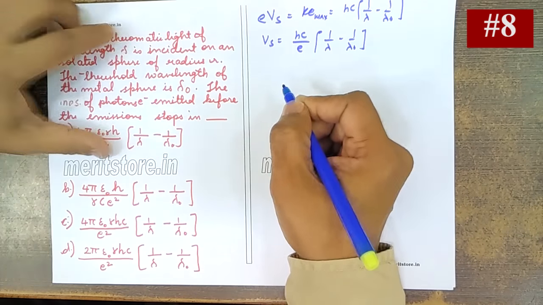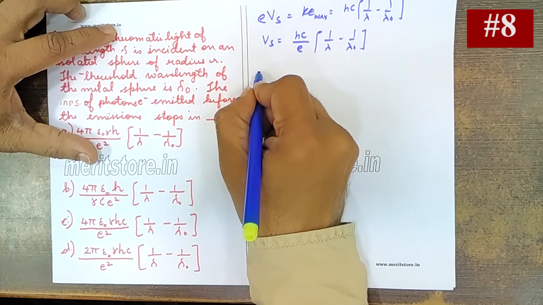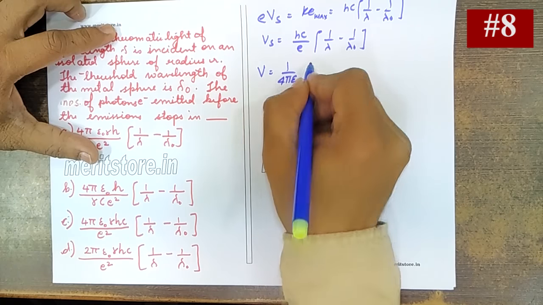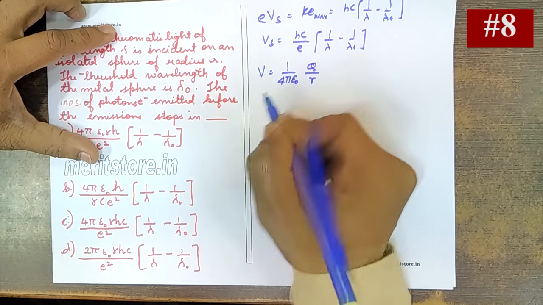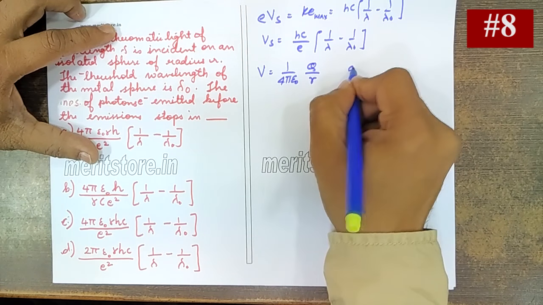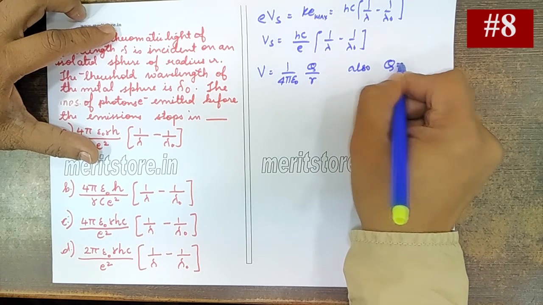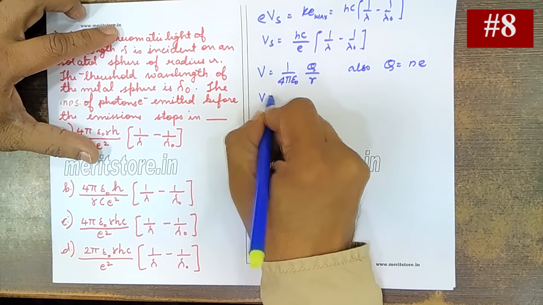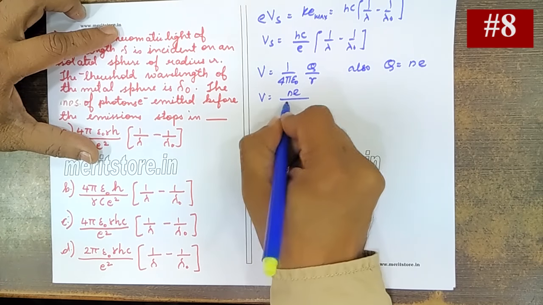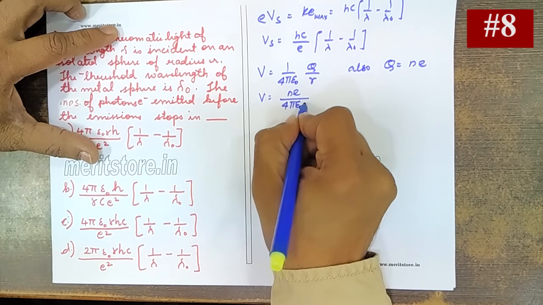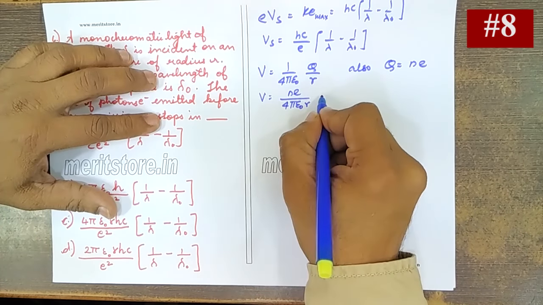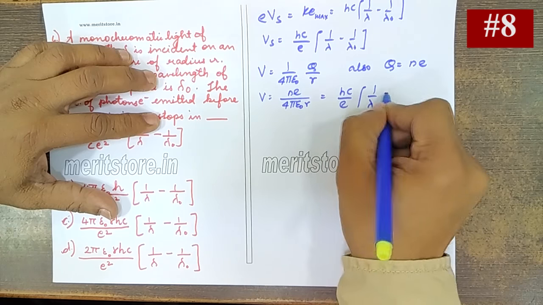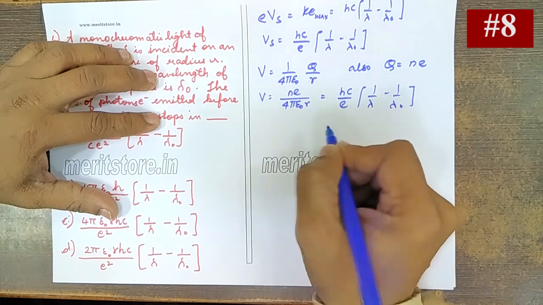Now potential for a sphere is given by 1 upon 4 pi epsilon 0 charge upon the distance, that is the radius here. Also charge is quantized, that is Q is equal to Ne. So V will become Ne upon 4 pi epsilon 0 r, which is equal to hc upon e into 1 upon lambda minus 1 upon lambda 0.